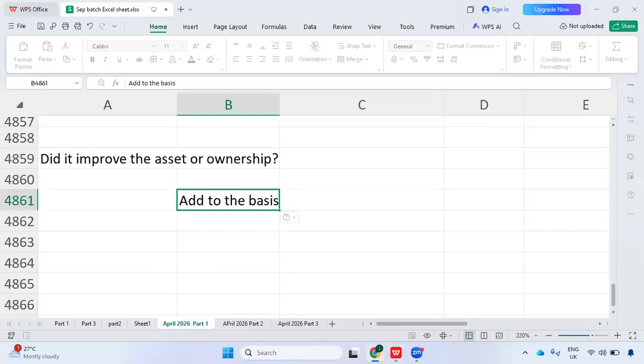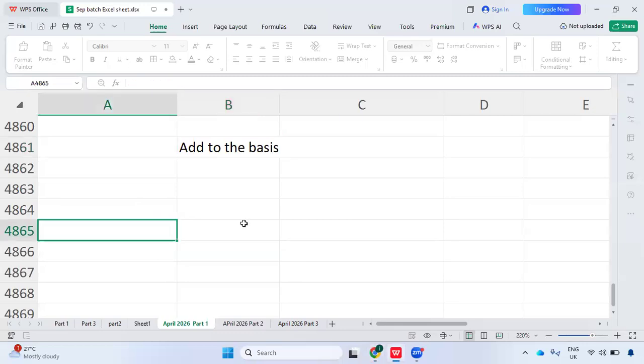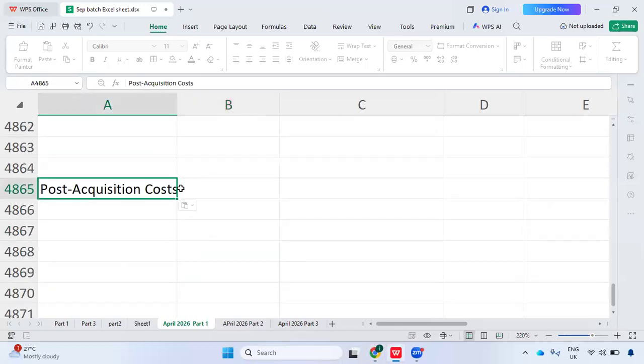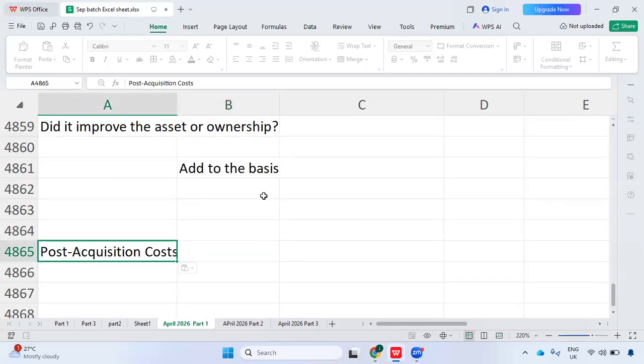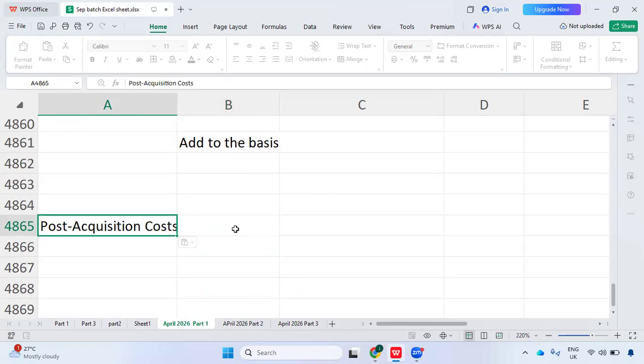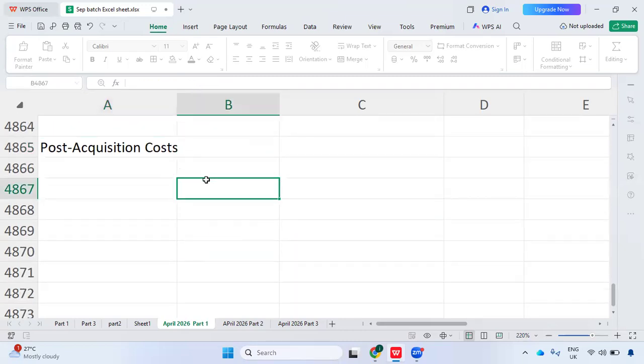Next one, post acquisition cost. So far we have seen expenses which bring the asset into service. After purchasing the property and after use, we may pay some expenses. Those expenses we call post acquisition cost.